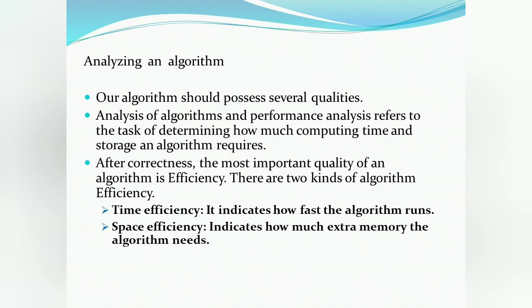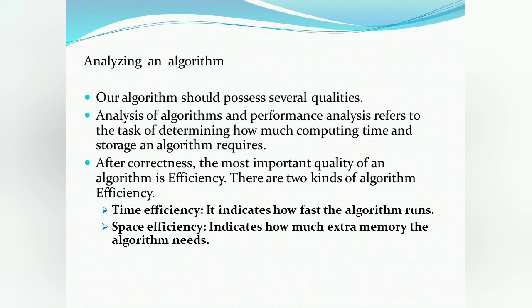Analyzing an algorithm. Our algorithm should possess several qualities. Analysis of algorithms and performance analysis refers to the task of determining how much computing time and storage an algorithm requires. After correctness, the most important quality of an algorithm is efficiency. There are two kinds of algorithm efficiency: time efficiency and space efficiency.